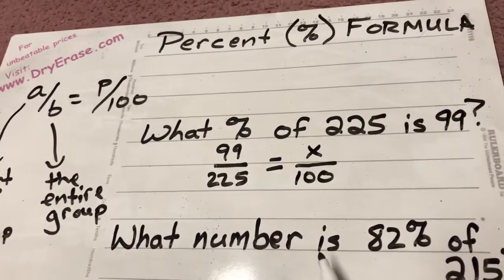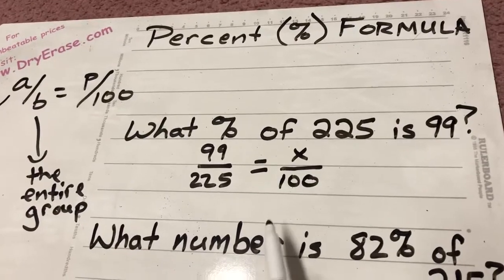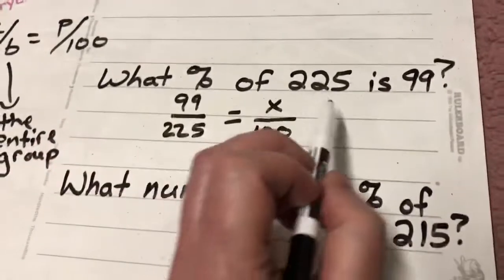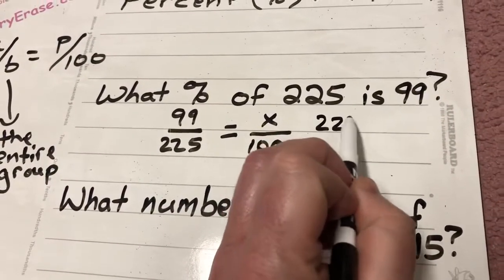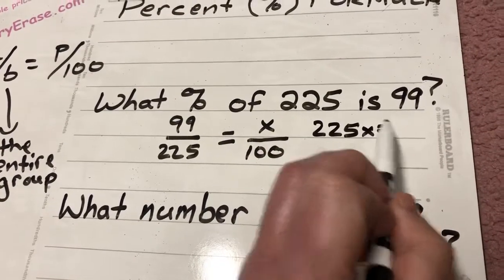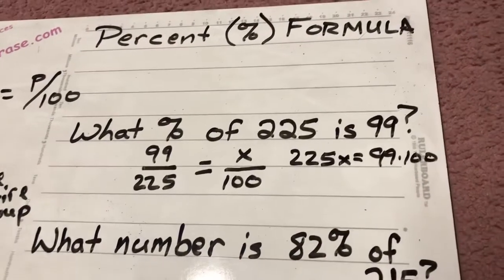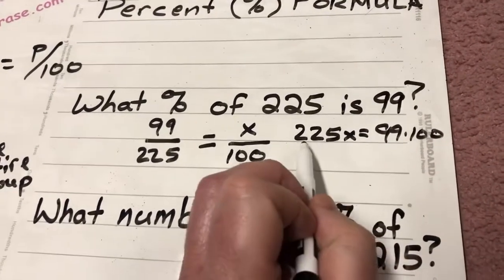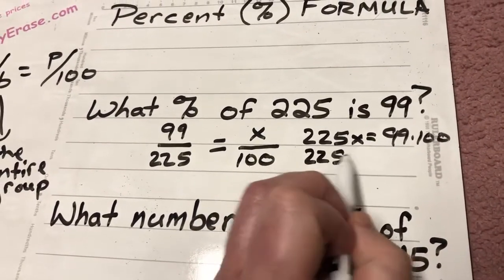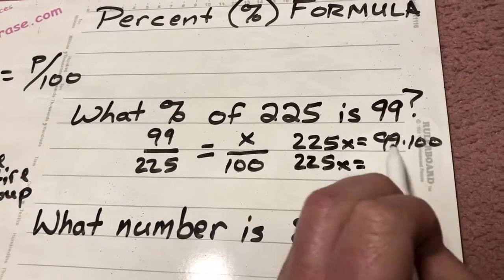Now I just have to solve for X. I'll set it up as an equation: 225X equals 99 times 100.